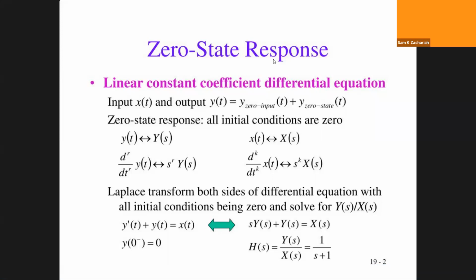Similarly, an inductive RL circuit starting with zero current, or an RC circuit starting with zero voltage across the capacitor, all these correspond to zero state. We are only concerned with zero state response, because transfer function analysis is meant for the zero state condition.